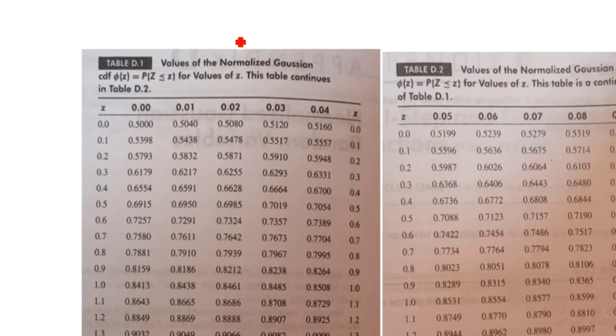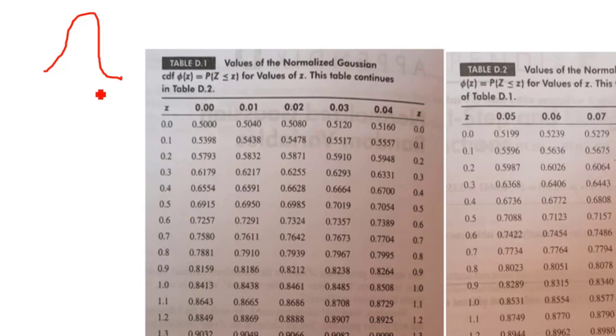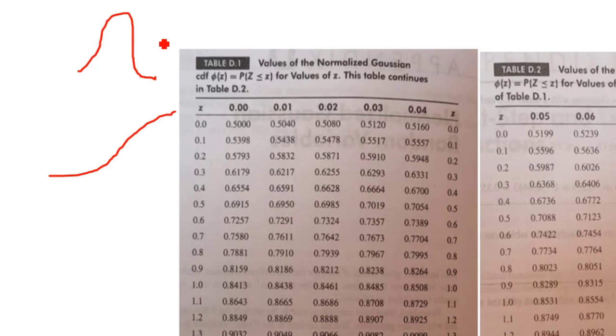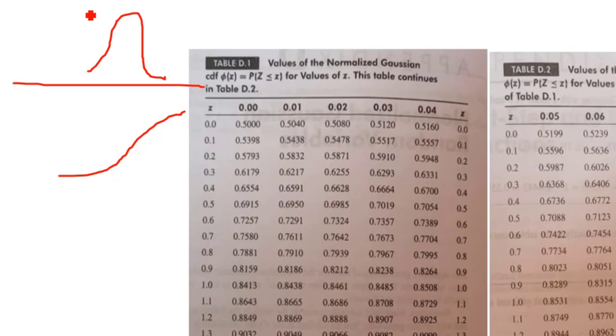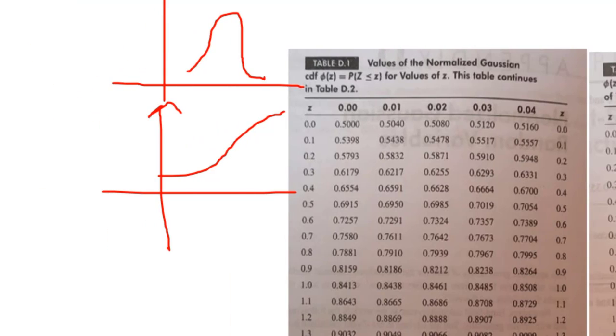It is related to a normalized Gaussian cumulative distribution function. We have discussed it. The normalized Gaussian PDF will be in this fashion, and it has a corresponding CDF. All right. So for that reason, we are going to discuss this chart, which is used for the calculation purpose.